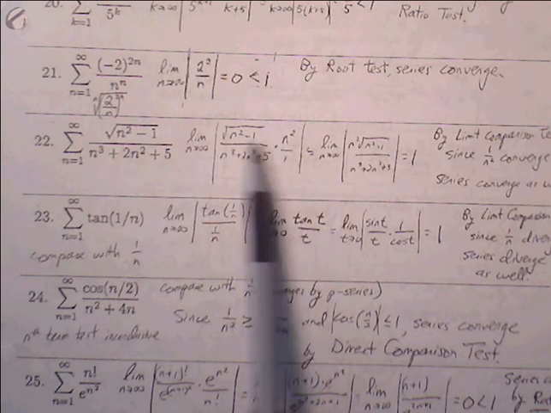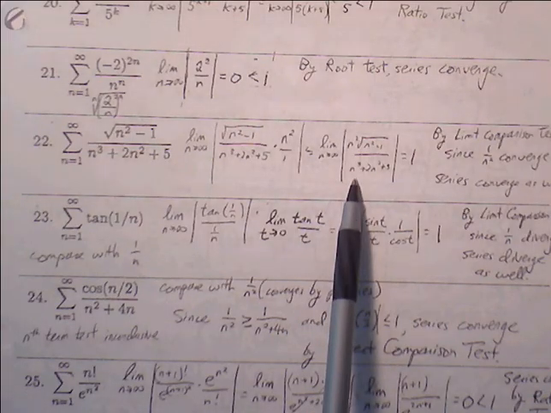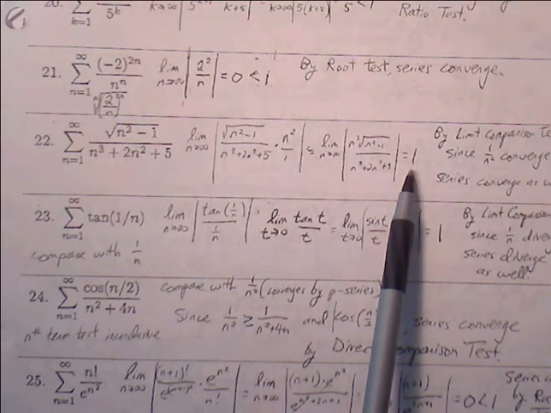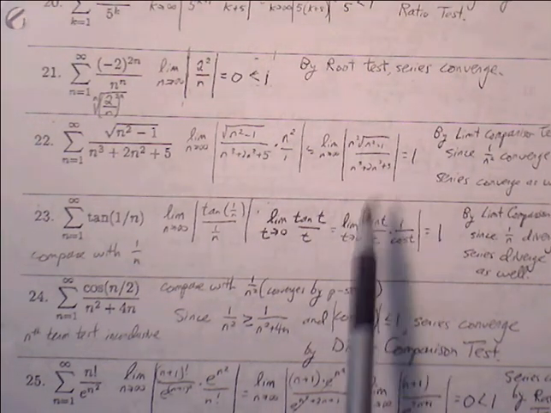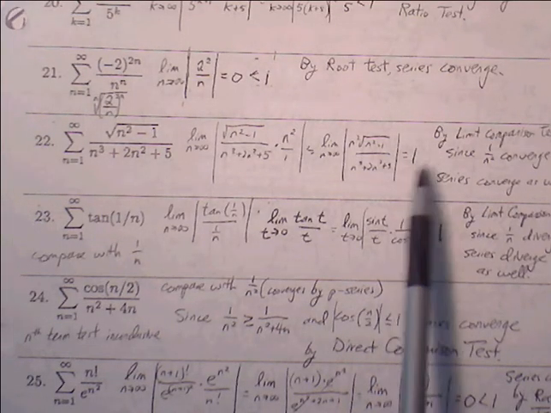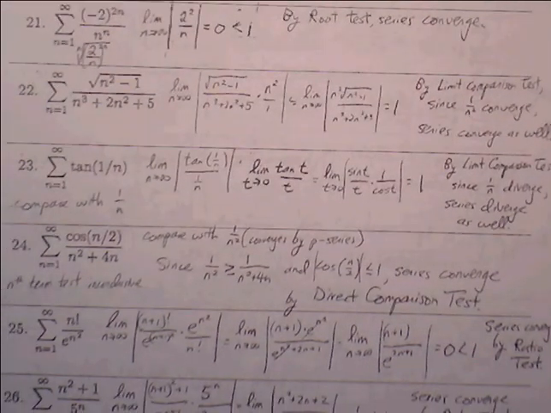And n squared times the square root of n squared is going to be the same degree as the denominator, so they have matching degrees. We take the coefficients, which is 1, and 1 is a real number. So as long as the result of the limit comparison test is a real number, our series will converge.